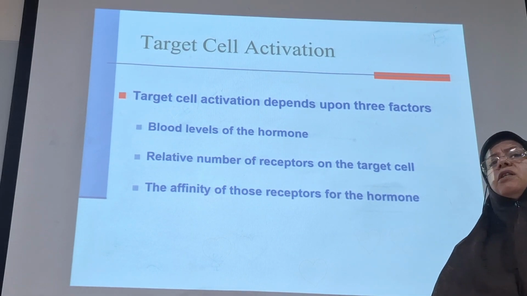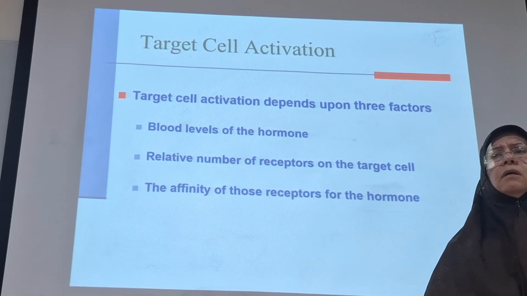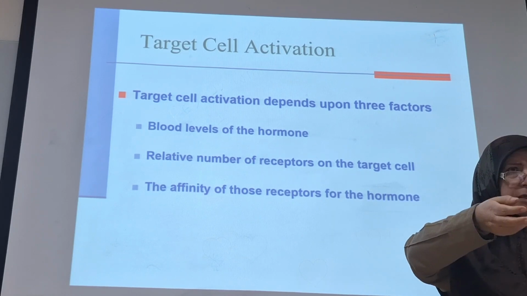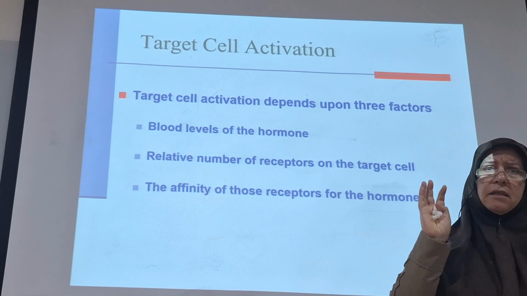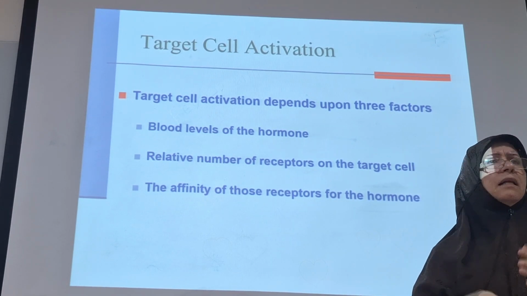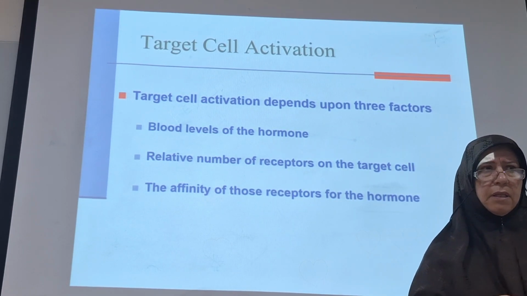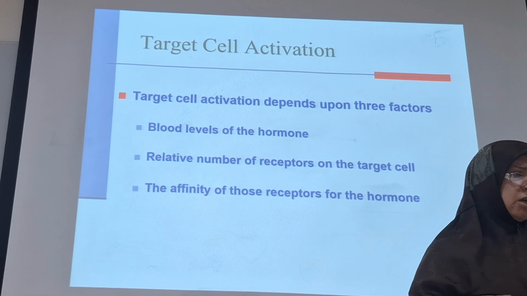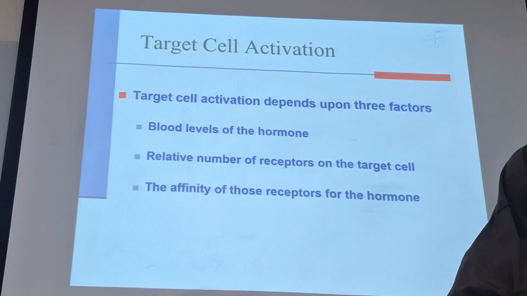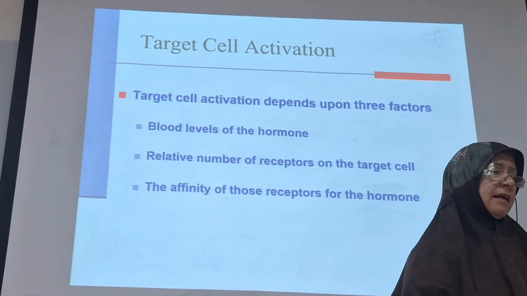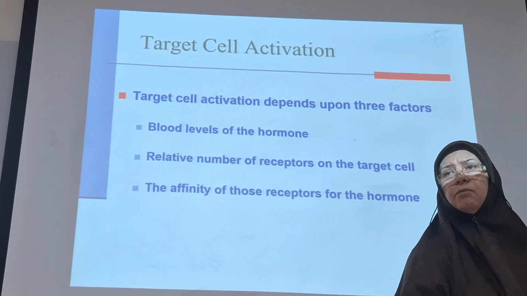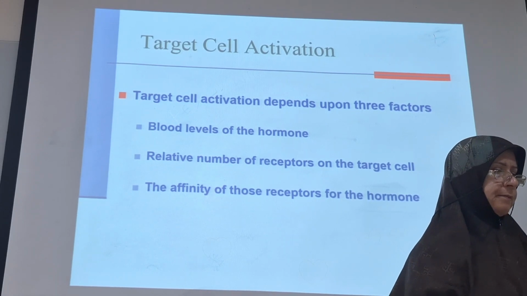Target cell activation depends on the hormone being secreted, entering the blood circulation, traveling in the blood, and reaching the target cells. Target cell activation depends on the concentration of hormone, the blood level of hormones, the number of receptors, and the affinity of the receptor to hormones.